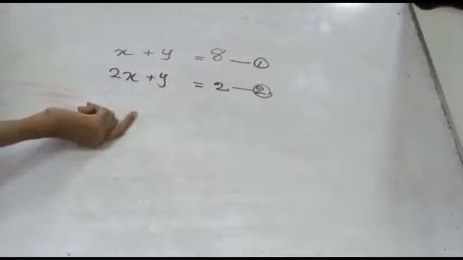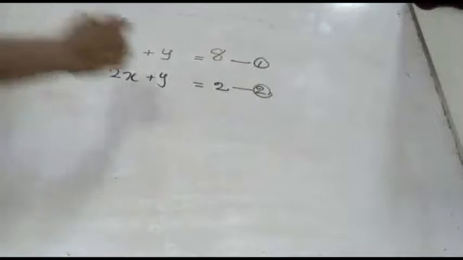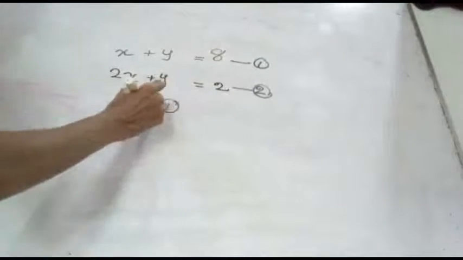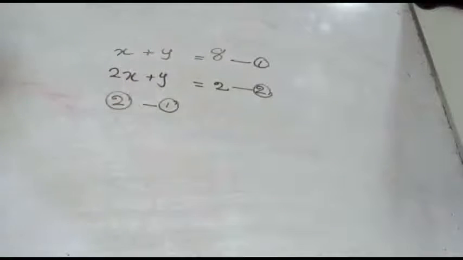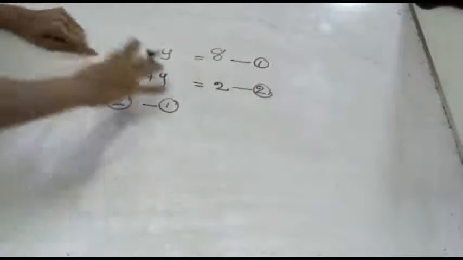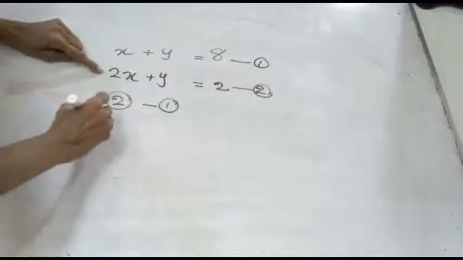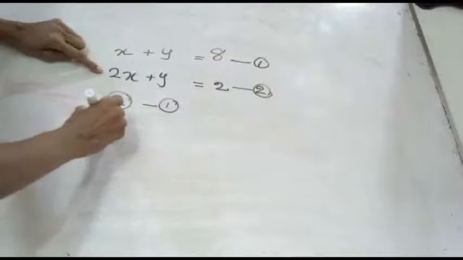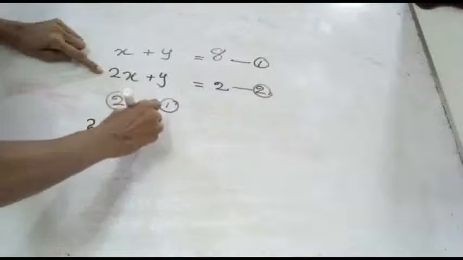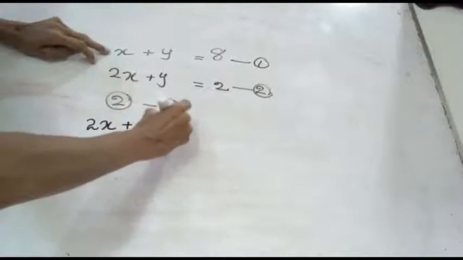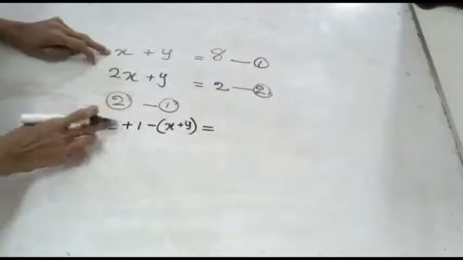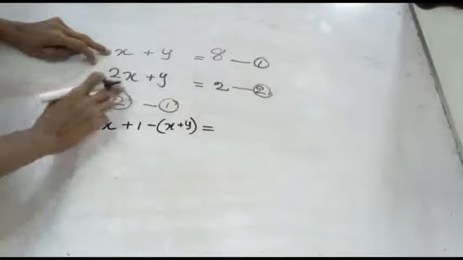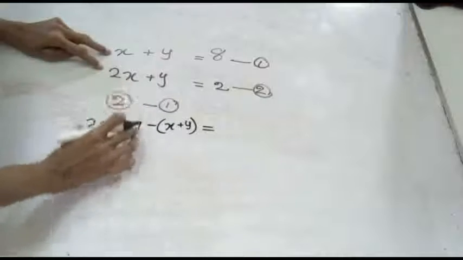But here the first equation is subtracted from the second equation. Terms in the second equation are 2x plus y, subtract x plus y, which is the first equation.